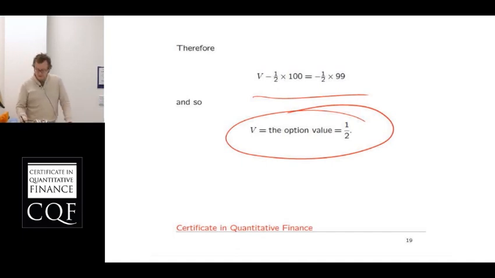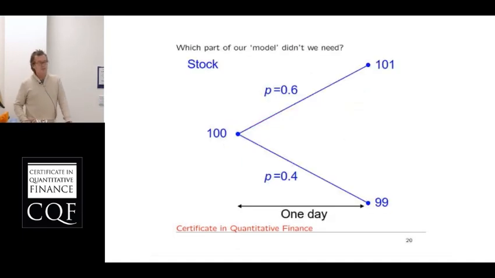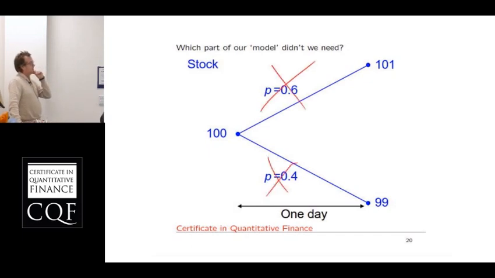The interesting thing about that calculation is, if we look at the original model, which information on that page did we not use? The probability. Yeah, we didn't use the probabilities. So we're starting to get into the world of risk neutrality. When we talk about risk neutrality, these probabilities don't matter.